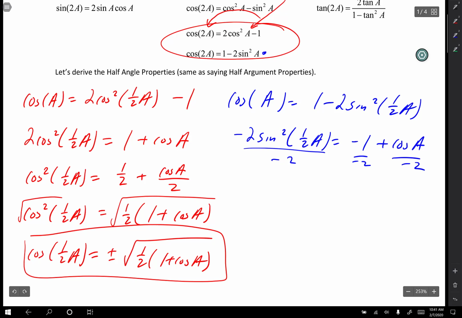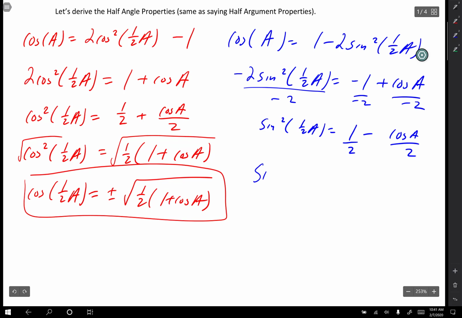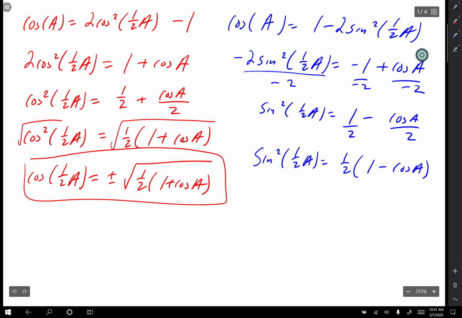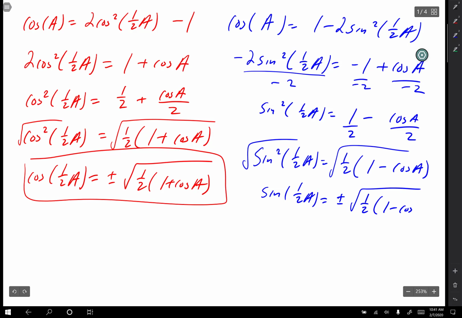Sine squared of half A equals 1/2 minus cosine A over 2. And I'm going to factor out the half. Sine squared half A equals 1/2 (1 minus cosine A). And I'm going to take the square root. So sine of half A is equal to plus or minus the square root of 1/2 (1 minus cosine A).